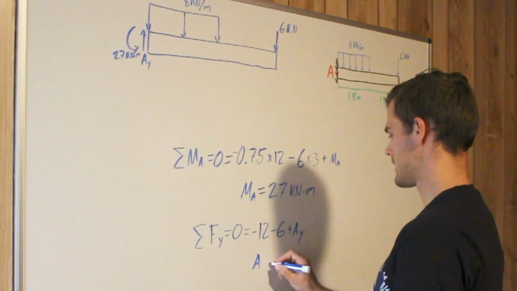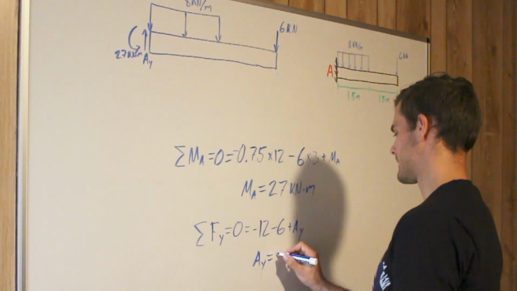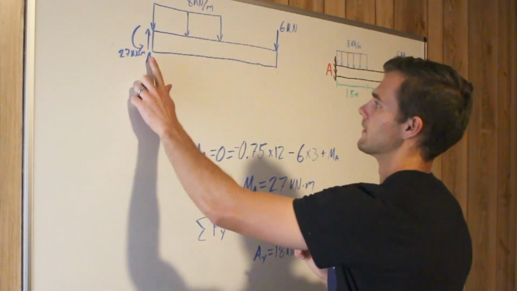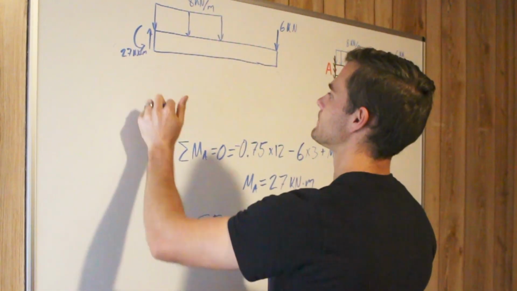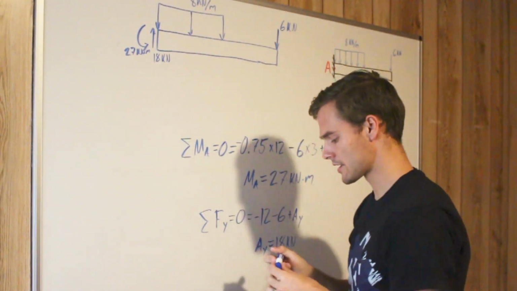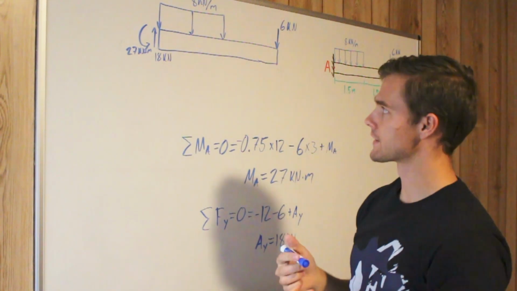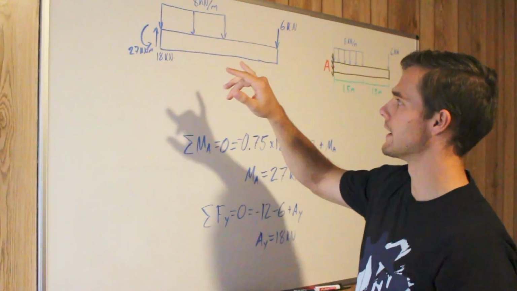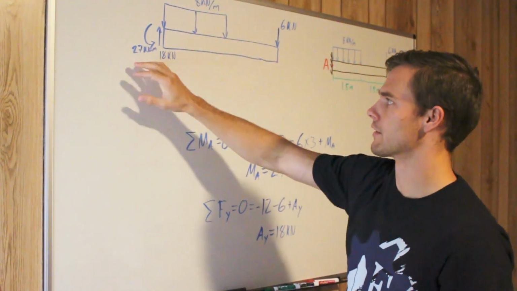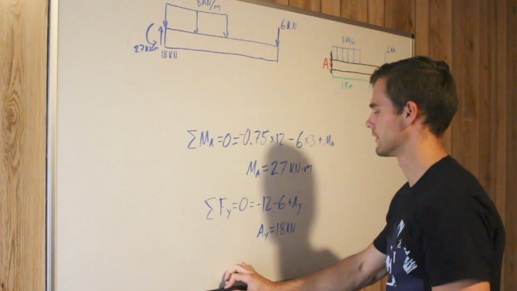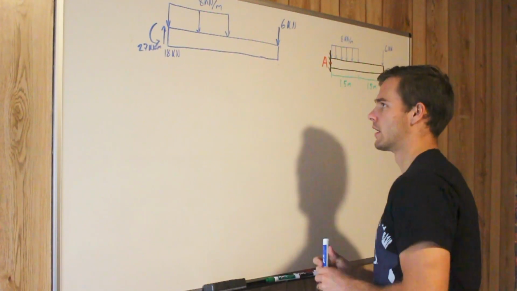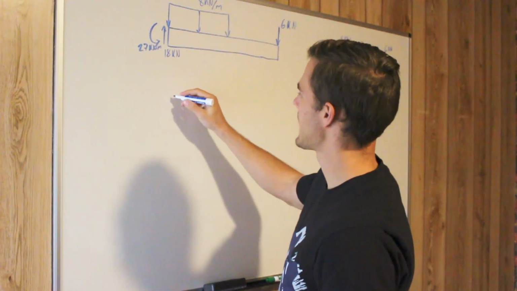Add that up and we get that A sub y equals 18 kilonewtons, and we'll relabel that right here. The reason why we're not solving for the forces in the x direction is because there aren't any forces acting on it in the x direction, and so there are no reaction forces in the x direction.